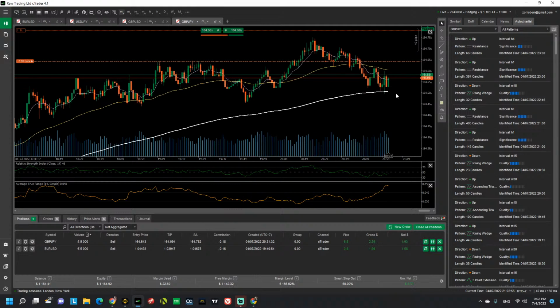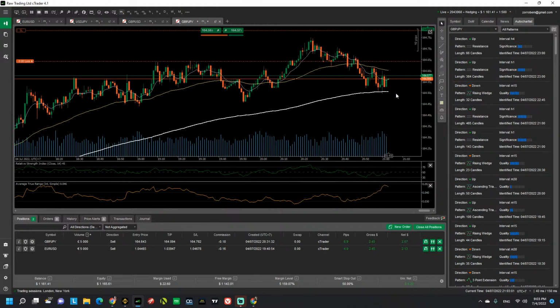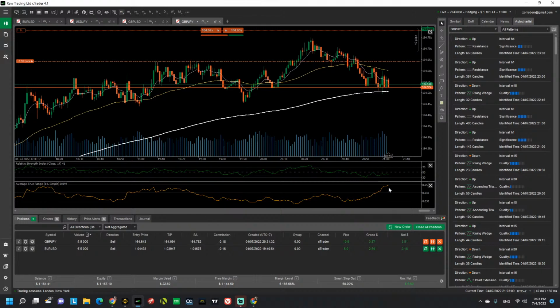Hmm. If it's struggling with this, this might be a problem. Let's see. But momentum is picking up. So if it breaks this 200 moving average, there's a good chance it will go through.